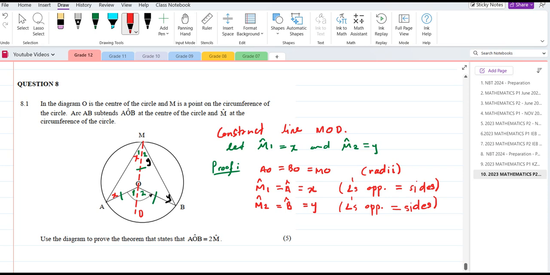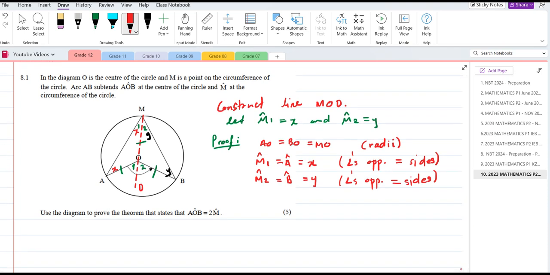Now, what is angle O1? If you remember, exterior angle of a triangle. Remember angle O1, we're looking at angle OAM, actually MAO. So that's an exterior angle of a triangle. Or if you try to find this angle here, that's 180 minus 2x, then you're going to get this to be 2x. So angle O1 is equal to 2x.